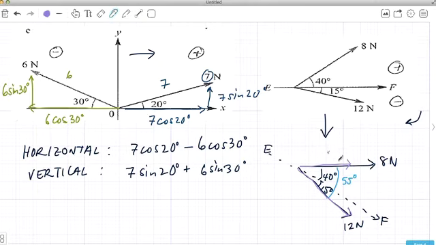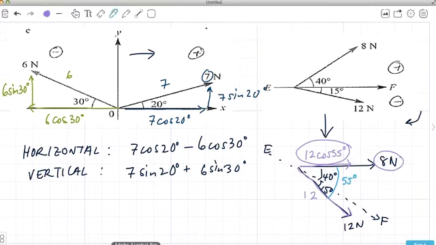And we know from the work we've done, this part will be the force here, 12. It's adjacent because it's right here, cos the angle, which is 55 degrees. So we actually have in the 8N direction for this question two things. We have this, and remember the 8N force is going in that direction as well.